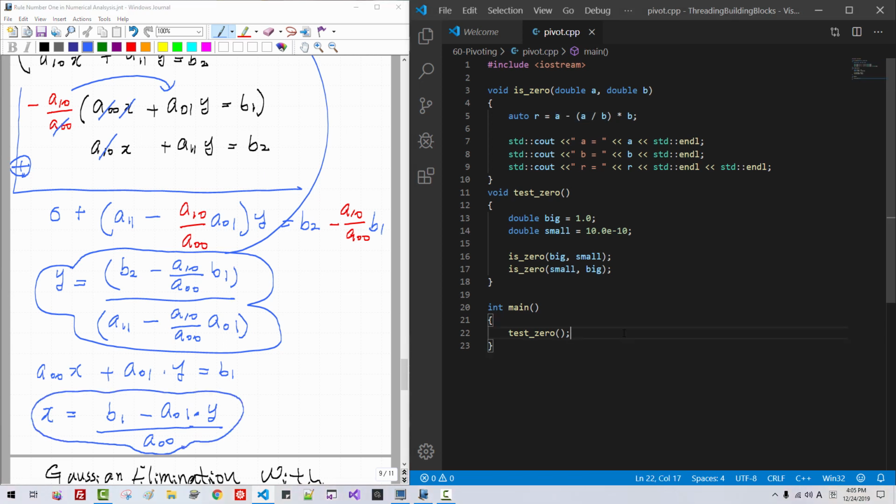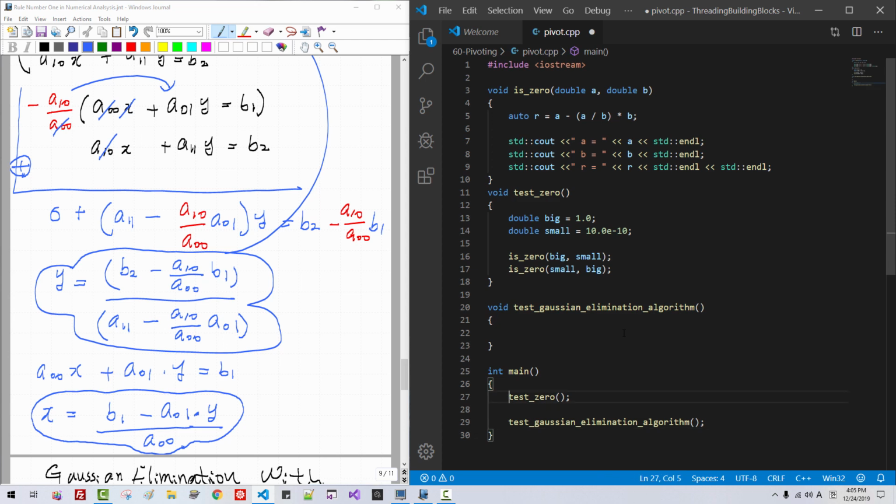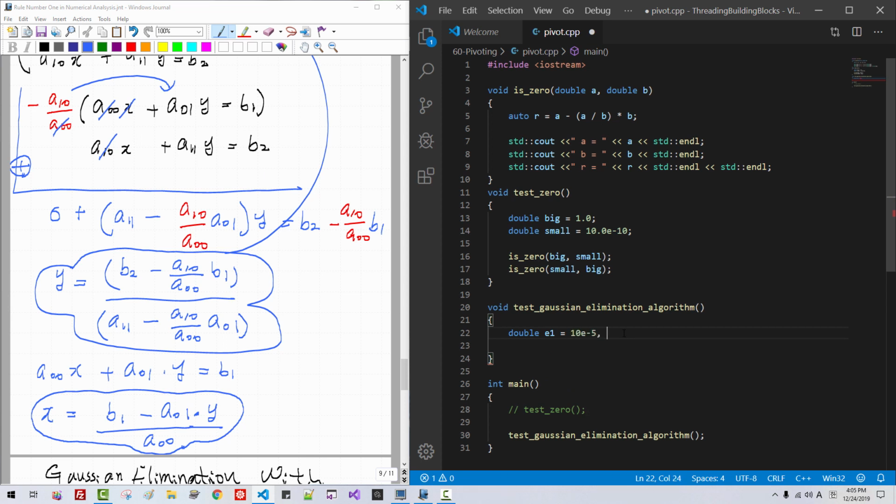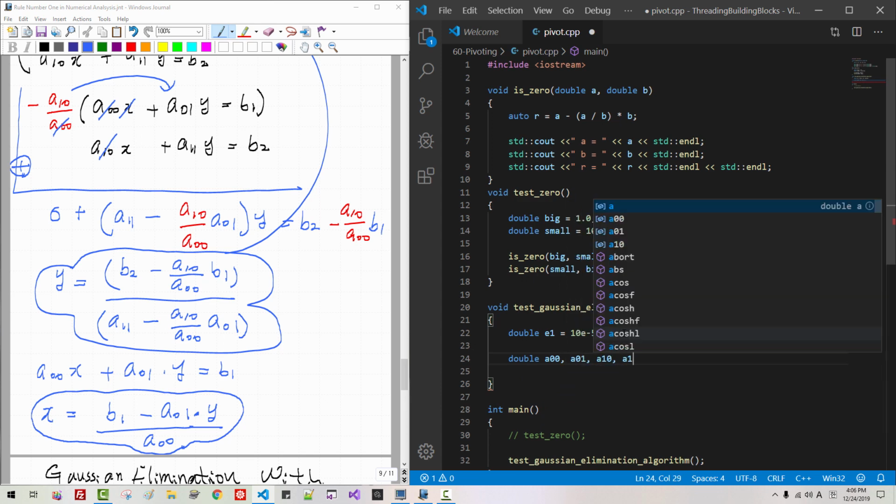Now we test the Gaussian Elimination Algorithm. Void test Gaussian Elimination Algorithm. I copy this function and paste it here. I will disable it. Double epsilon 1 is 10e minus 5. Epsilon 2 is 10e minus 10. Double a00, a01, a10, a11, b1, b2.